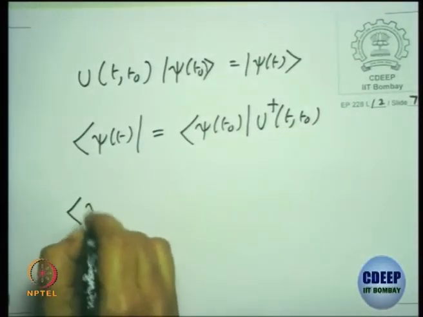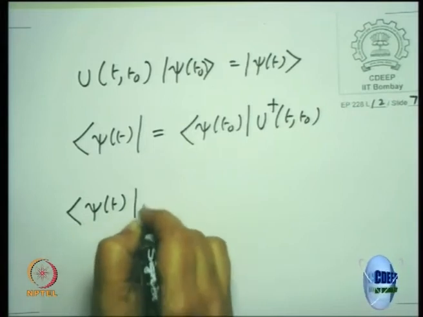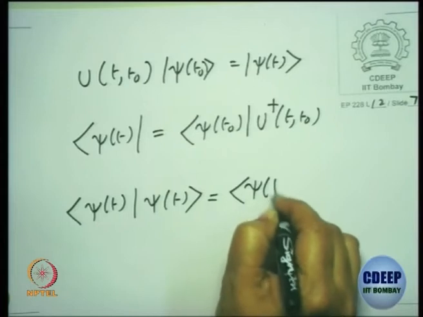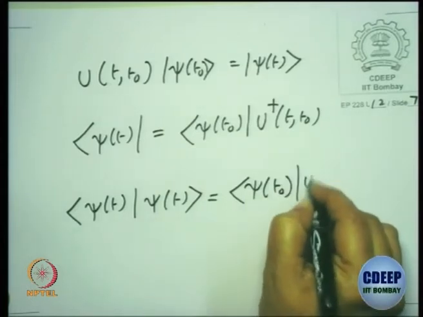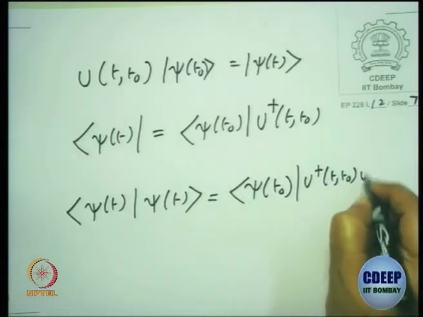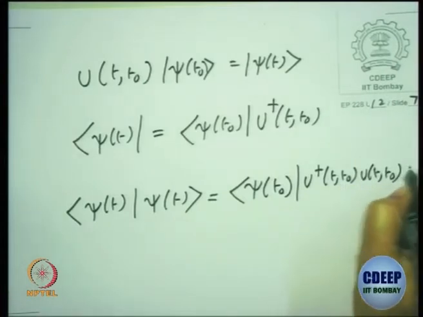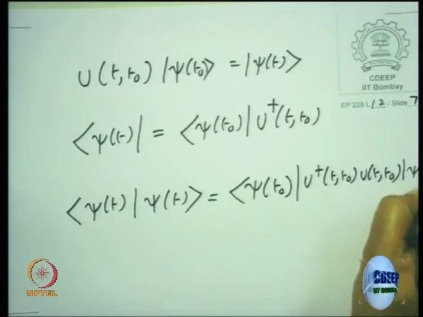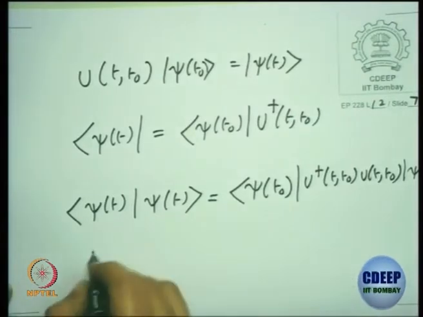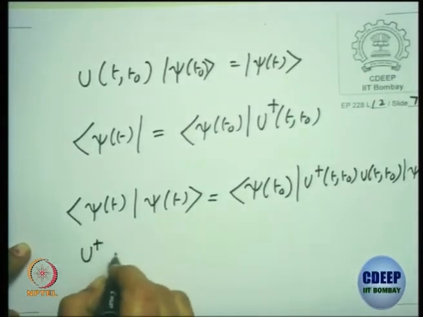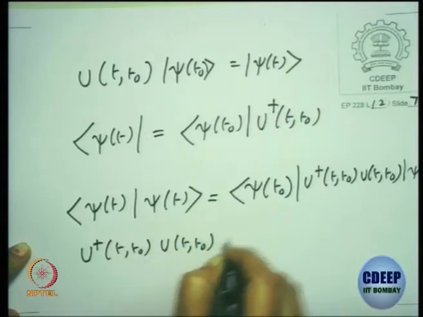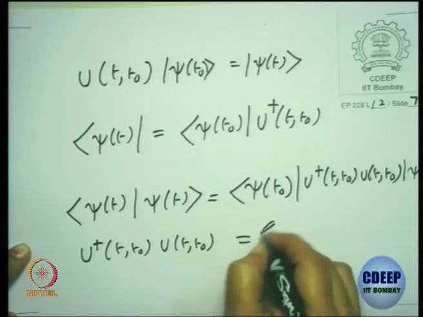So the inner product of psi of t with psi of t is the same as psi of t naught with U dagger(t, t naught) U(t, t naught), psi of t naught, right? And U dagger U is going to be identity.